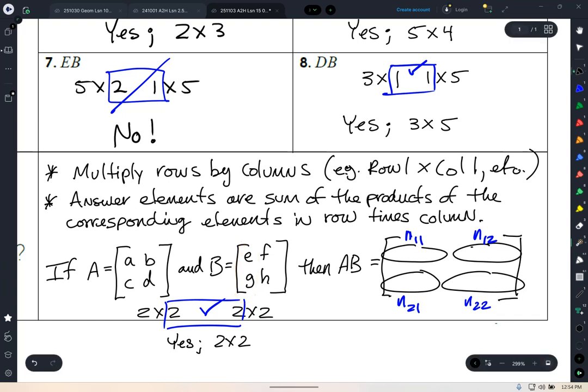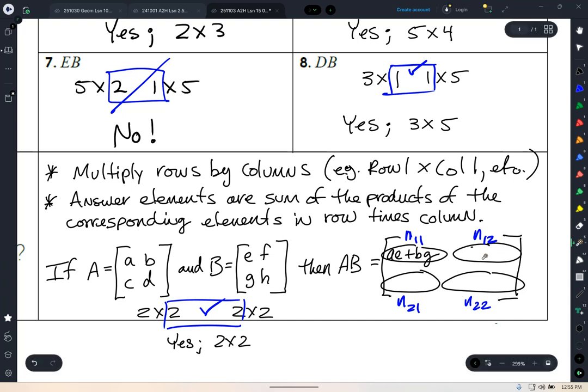So this first one is going to be made up of AE plus BG. It's the sum of the products of the corresponding elements in the row times column process. Do you see how the definition plays out now? So we multiply first position by first position, and then second position by second position, row 1 times column 1. That's what ends up as element 1, 1.